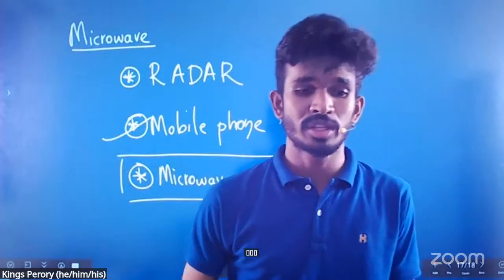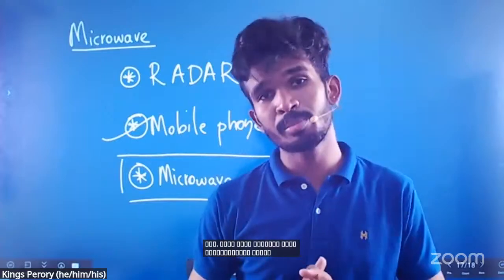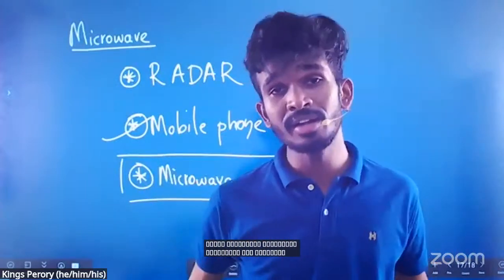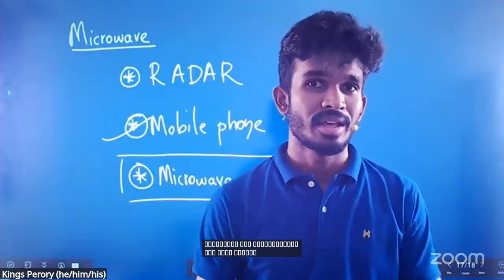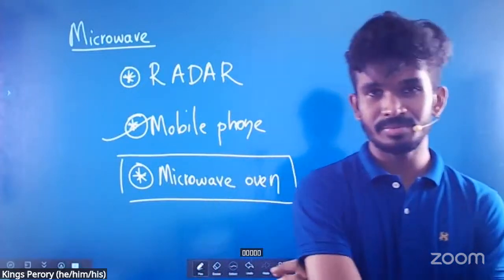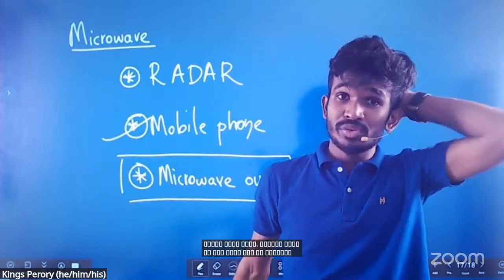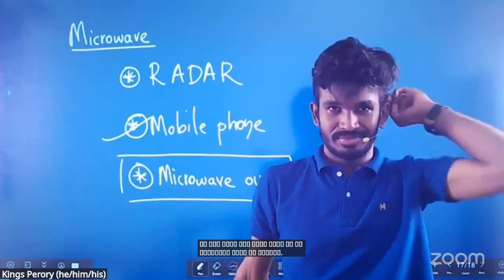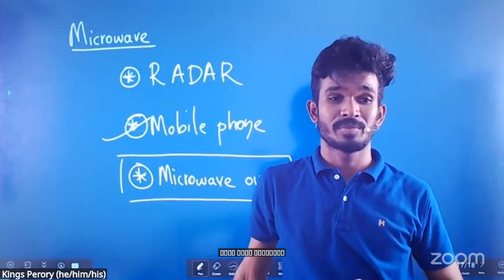So always this communication between the pilot and the ground center is important. That communication is done using microwave. And have you heard, if you have gone on a flight, they tell you to switch off the phones. Some fellows don't switch off. Why do they tell you to switch off the phone?